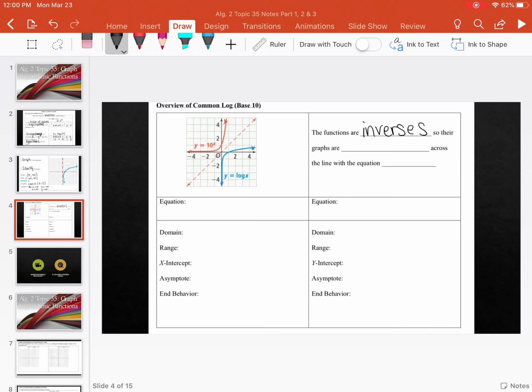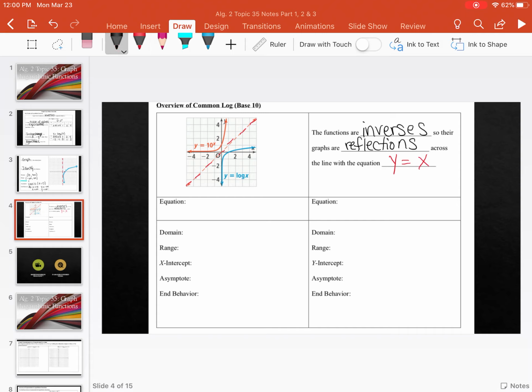So if we were to look at the logarithmic form and the exponential form, their graphs are reflections across the line y equals x. That is the line of reflection that we see from the exponential form to the logarithmic form.